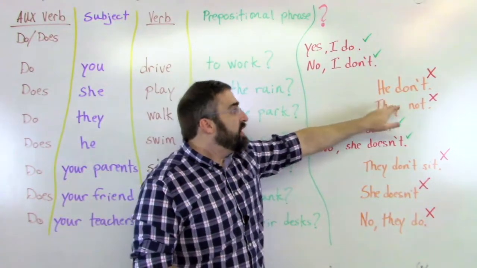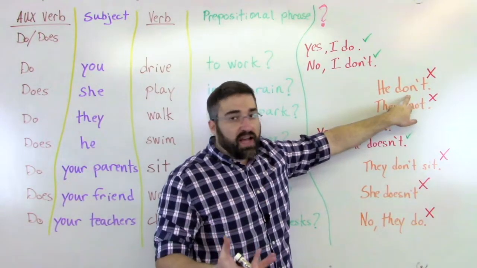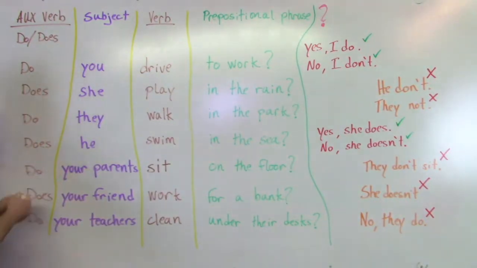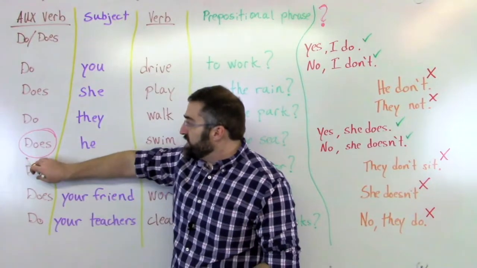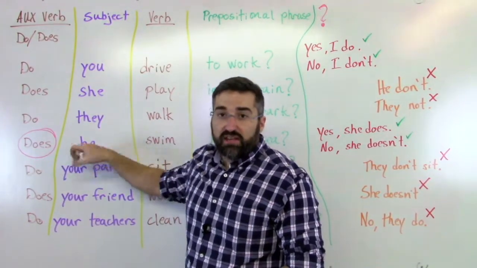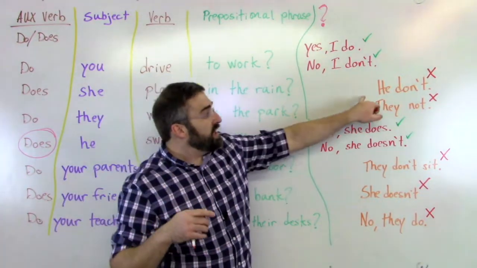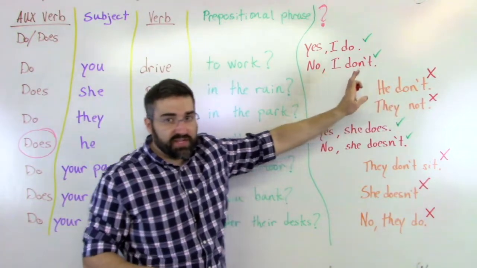Remember, you still have to use doesn't, not don't. If my question uses does, does he? I should say, he doesn't, not don't, okay? Don't use don't, use doesn't.